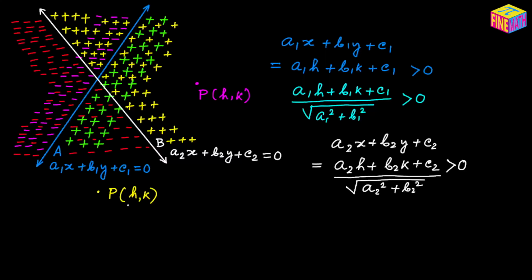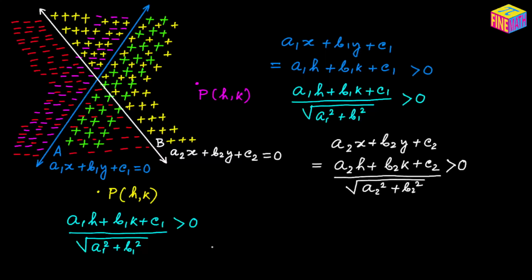So if P was right here, which is actually on the bisector of the acute angle, then you can see that the expression of straight line A will give us a positive value because we are still on the positive side of the straight line A. So here we can say that a sub 1 times h plus b sub 1 times k plus c sub 1 is going to be positive, and if we divide that by another positive quantity, which is the square root of a sub 1 squared plus b sub 1 squared, this quantity is going to be positive.